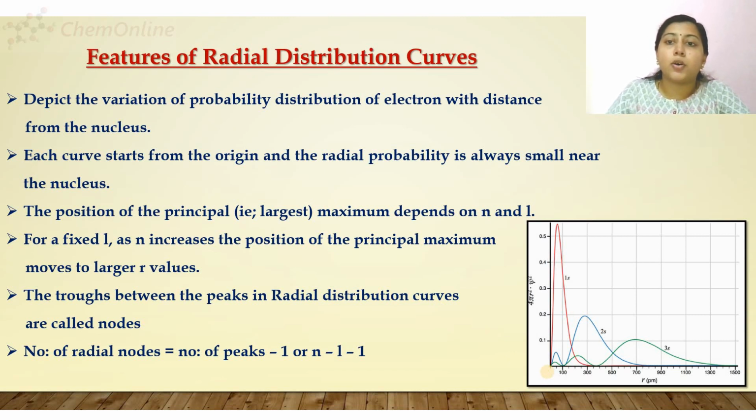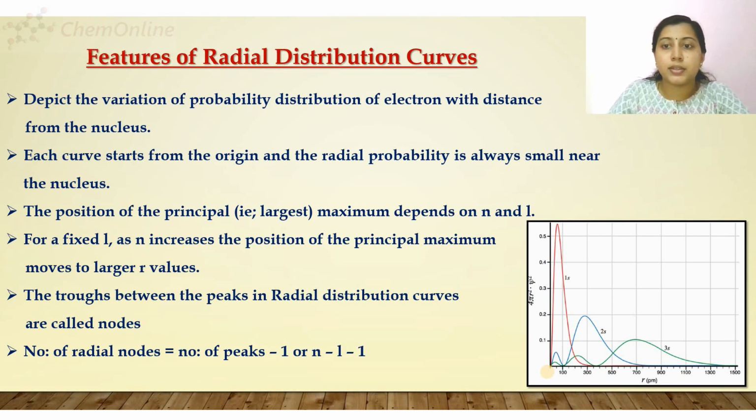The peak or the maximum position in the curve shows the probable distance of the electron from the nucleus. The position of this principal maximum depends on two quantum numbers, n the principal quantum number and L the azimuthal quantum number. For a fixed L, as n increases, the position of the principal maximum moves to larger values, as you can see in this graph.